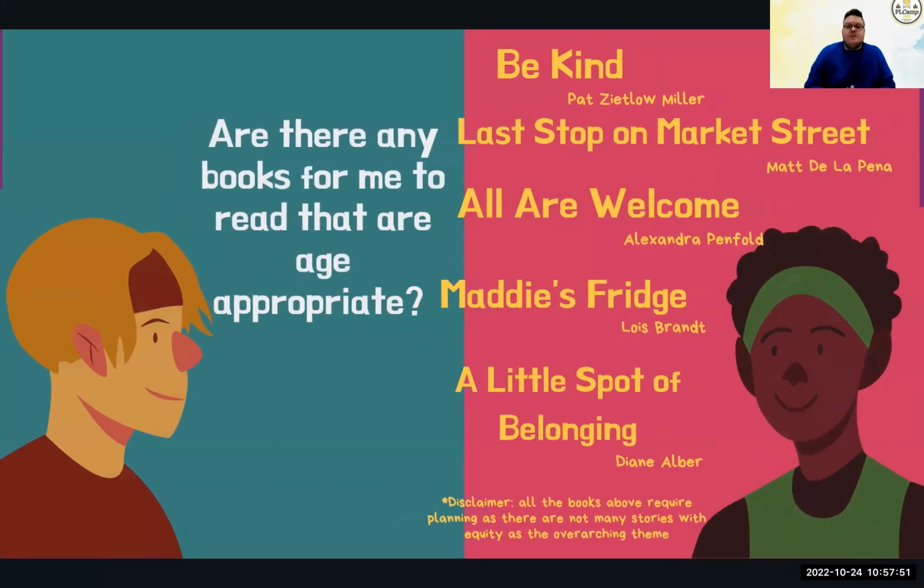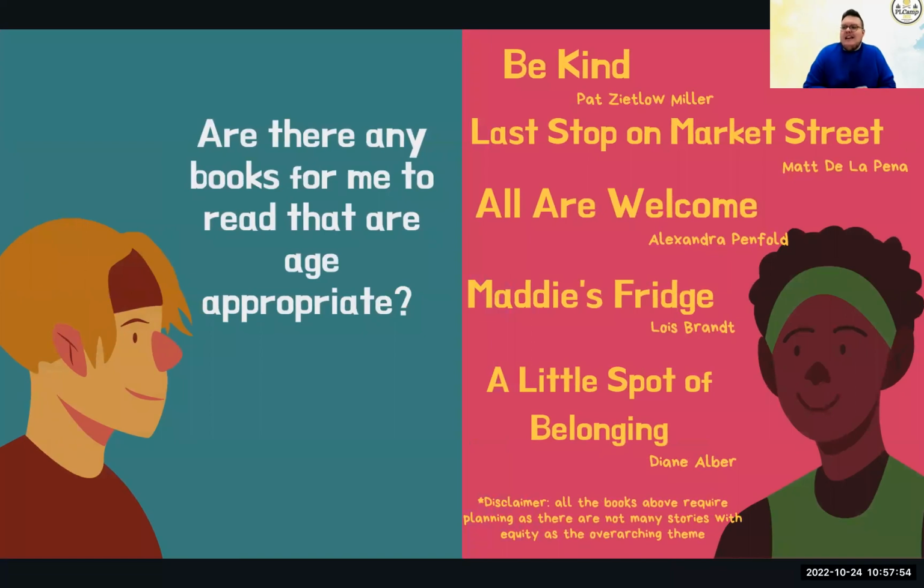Okay, so the other question I always get is, are there any books for me to read that are age appropriate? These are a list of some of them. But if you notice at the bottom, there is a disclaimer.